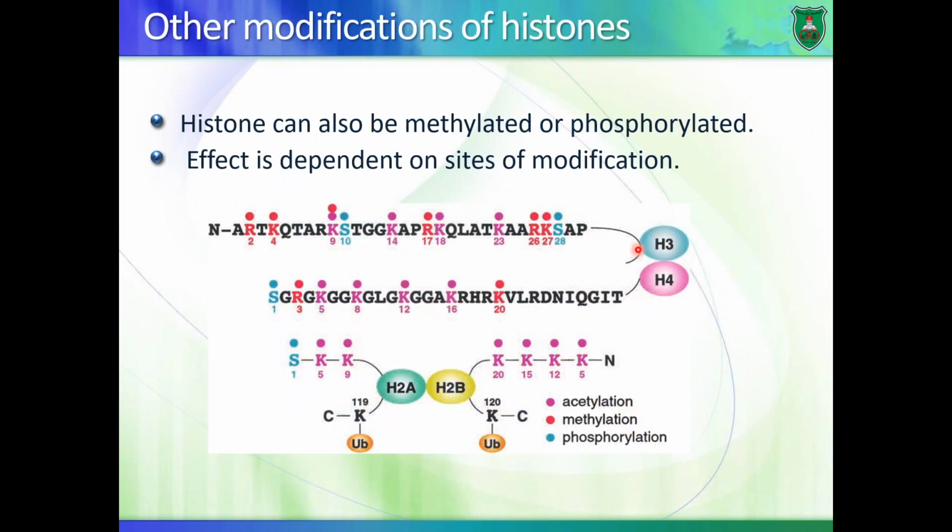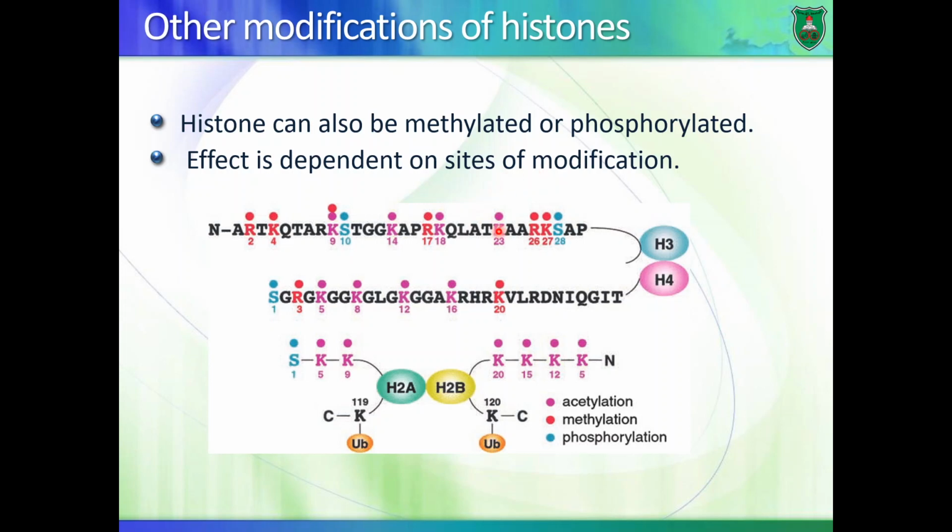Okay, now there are other modifications of histones, and these modifications include methylation and phosphorylation. Now, the effect is not as clear as acetylation. In general, phosphorylation would induce gene expression, but in terms of methylation, the effect is dependent on where this modification takes place.